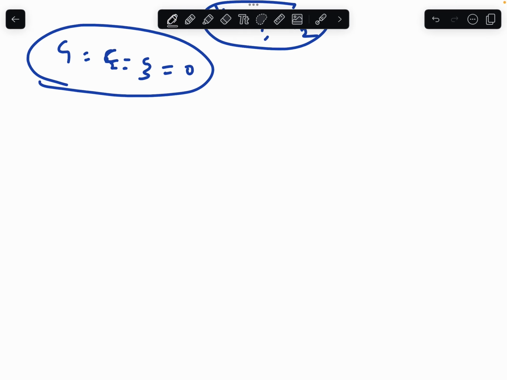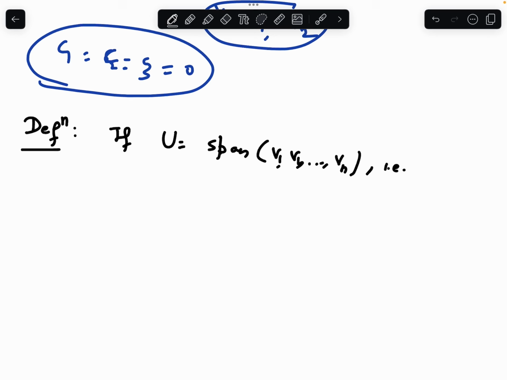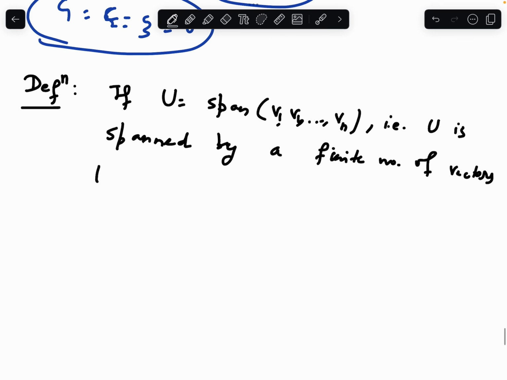Okay, now let's move on to another definition. If U is equal to the span of V1, V2, V3, up to Vn, that is, U is spanned by a finite number of vectors, then U is said to be finite dimensional, right?